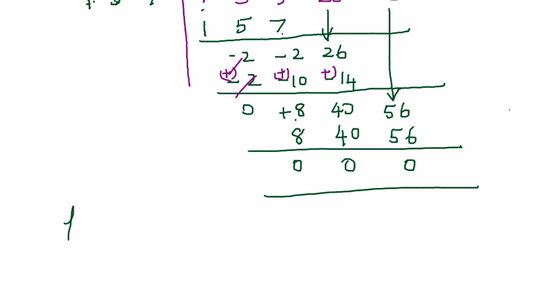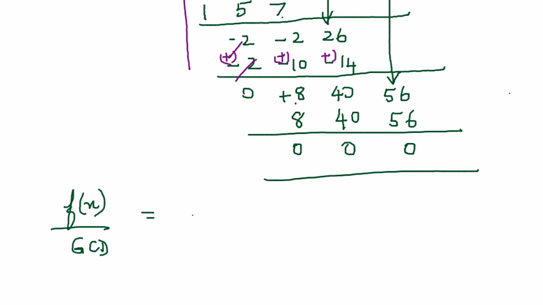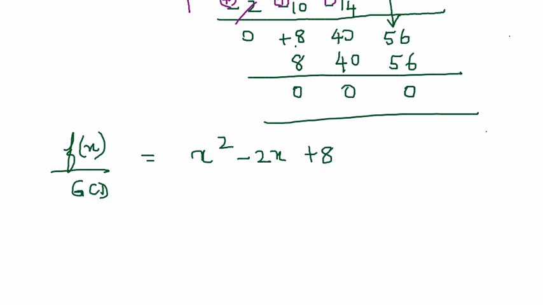When you divided f of x by the GCD, you got the quotient as 1, minus 2, 8. You should write it as x squared minus 2x plus 8. Got it?